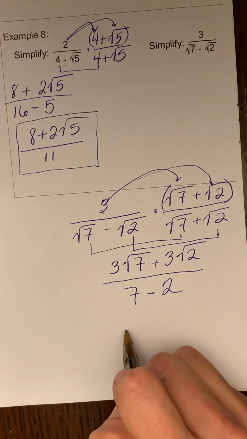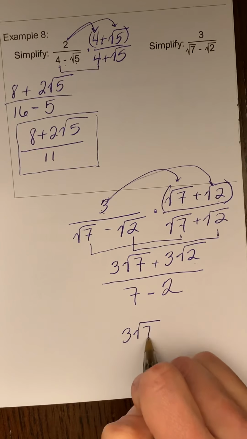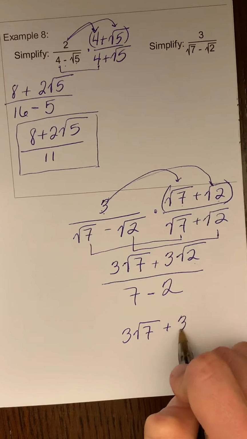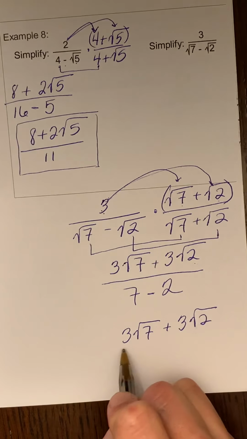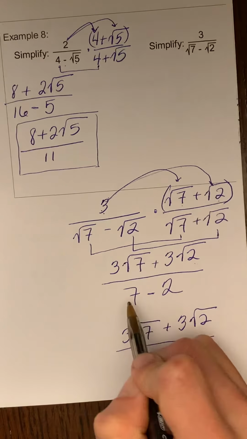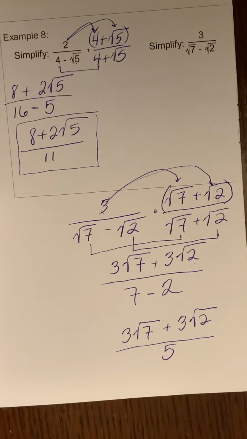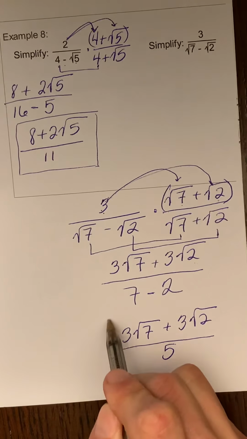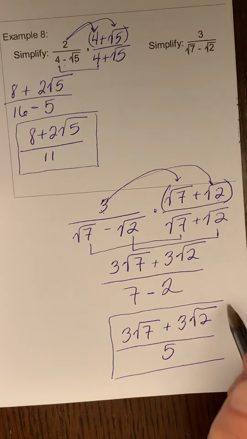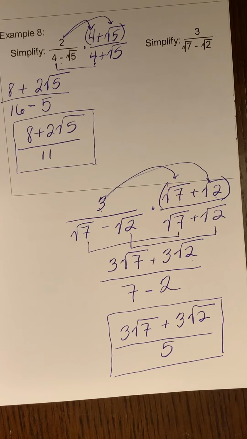Do your subtraction. So you have 3 roots of 7 plus 3 roots of 2, all divided by 7 minus 2 is 5. 3, 3, 5. Can anything be simplified from those? Answer is no. So we leave it alone.